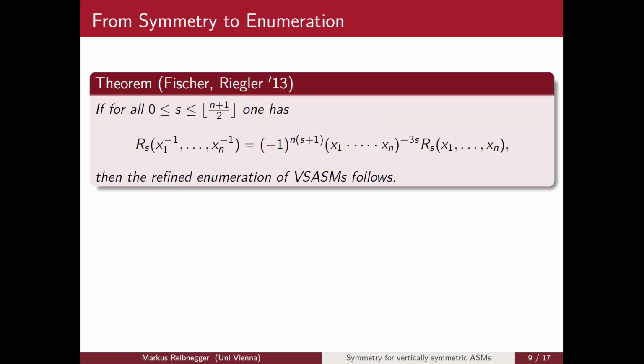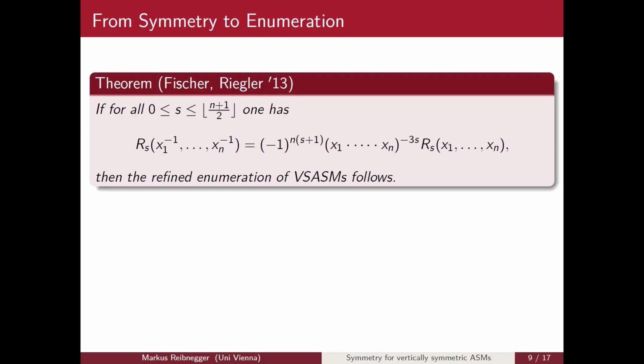What they proved is that if one can show this symmetry of this rational function, so you exchange all the variables with their inverses, and then everything that happens is you just get one simple factor coming out and everything else stays the same. If you prove this symmetry, then the refined enumeration follows. So the question of this equinumerosity of these two interpretations boils down to proving this.